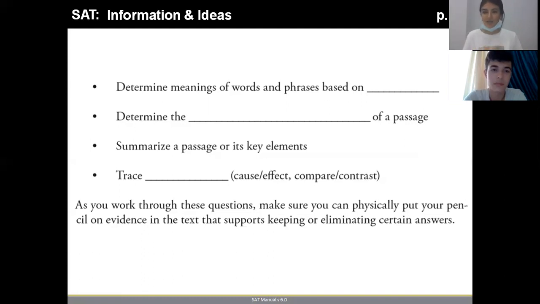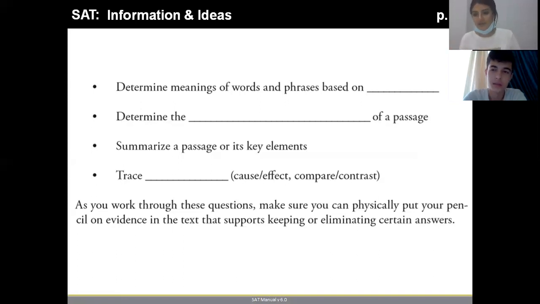It's a general kind of question, and you have to do it toward the end of the test. The third one is to summarize a passage or its key elements. And trace. What does it mean, trace? It means to follow.